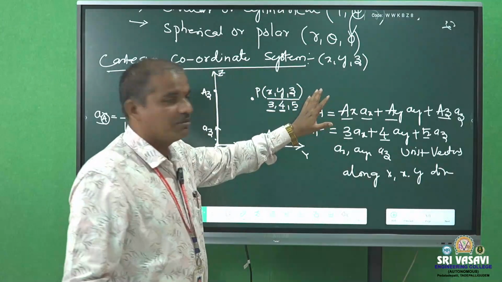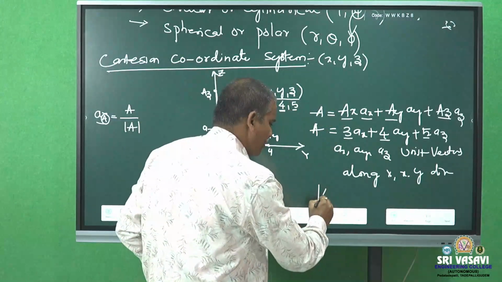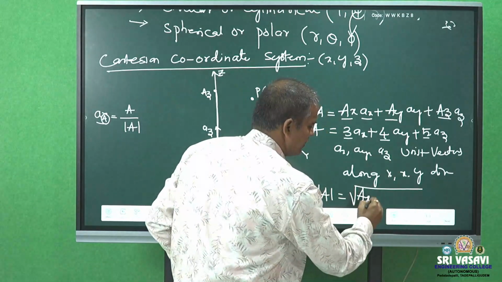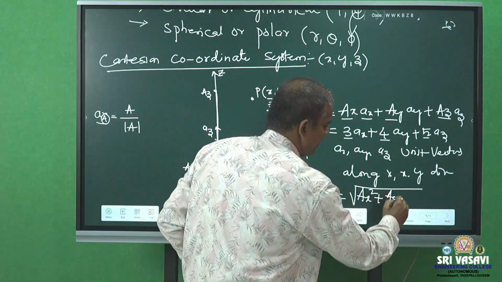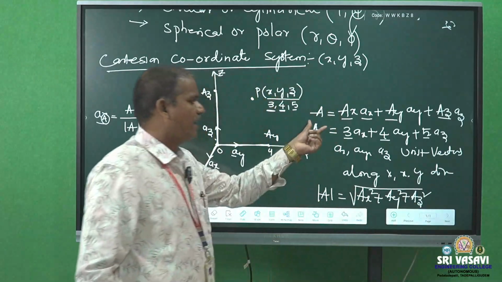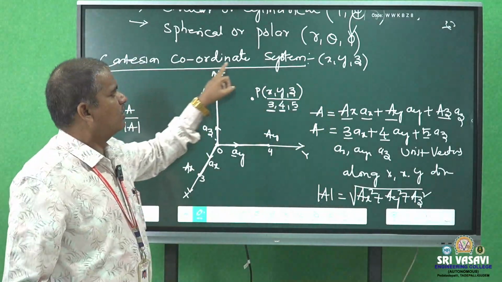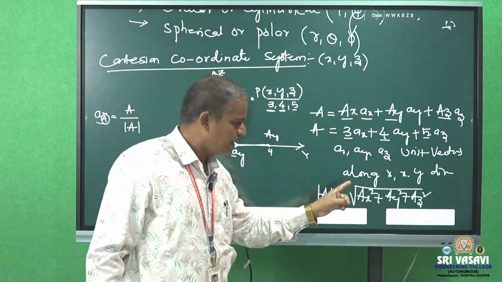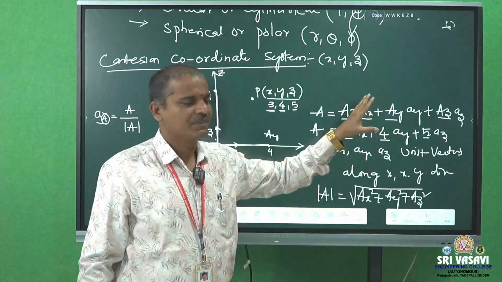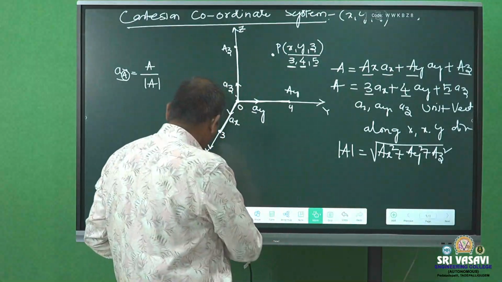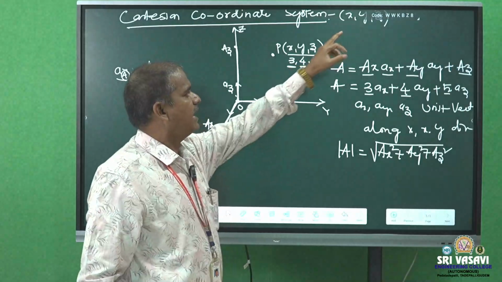If you want to talk about the magnitude, we may write the magnitude of A is equal to the square root of Ax square plus Ay square plus Az square. This is the magnitude of A. See, this is the Cartesian coordinate system. Therefore, the variables are x, y, z. Now, these variables x, y, z have limits.